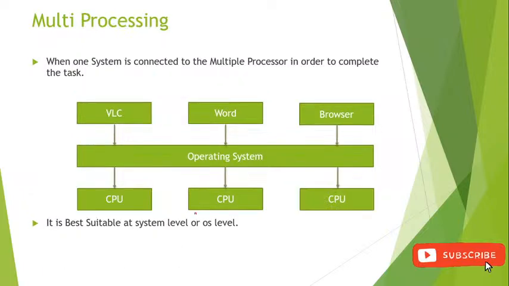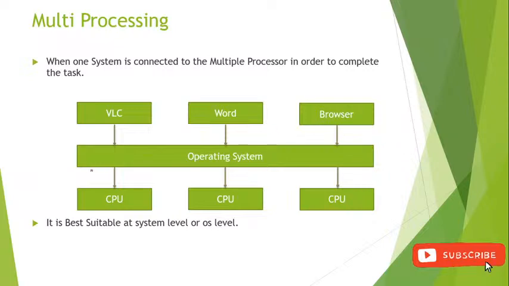Now we will see multi-processing. When one system is connected to multiple processors in order to complete the task, that is known as multi-processing. Here VLC, Word, browser are the tasks. All the CPUs are the processors.